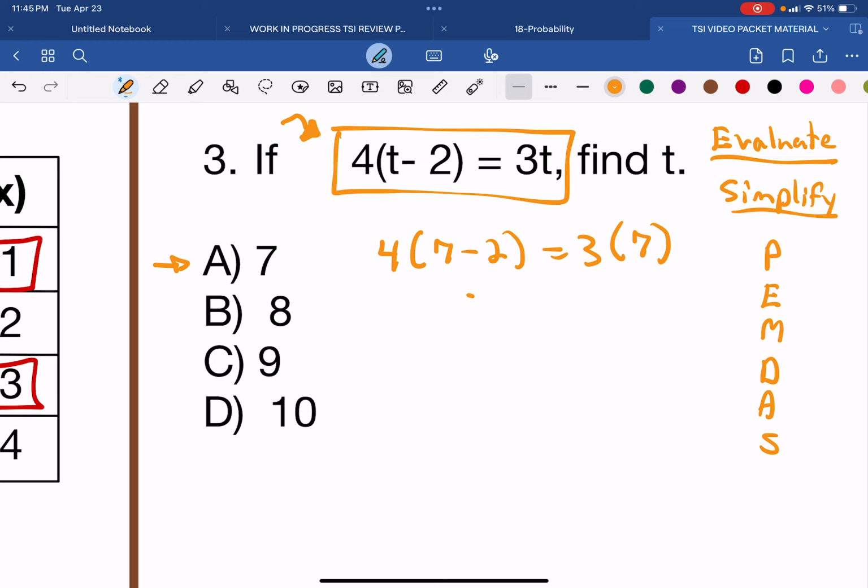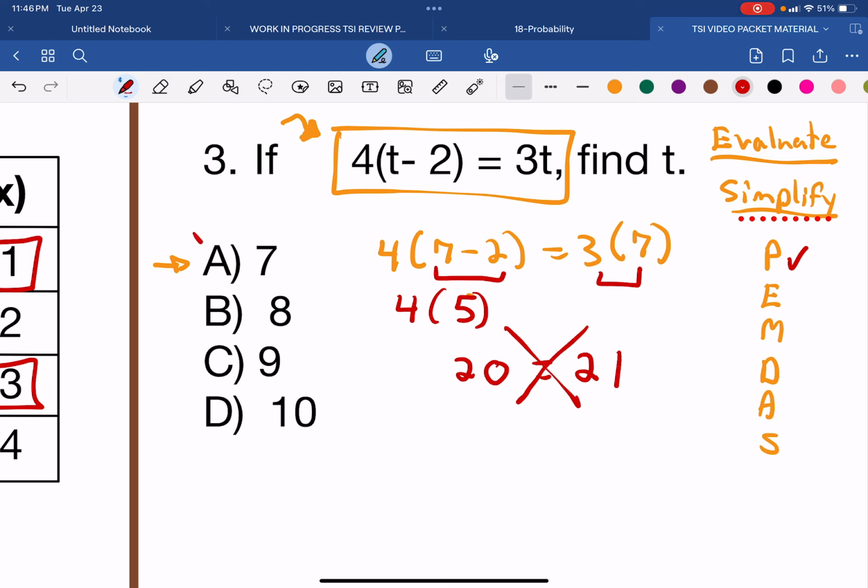Why is this important? Because the order matters in how we do things. So over here, I'm going to do the 7 minus 2 first, because P is for parentheses. 7 minus 2 is 5. 5 times 4 is 20. Over here, all I have to do is 3 times 7, 21. Are they equivalent? Nope. It's not A.